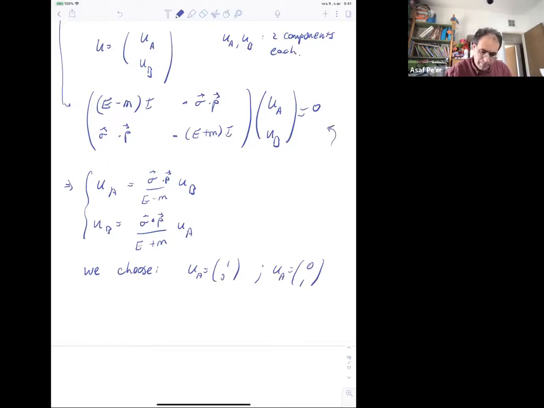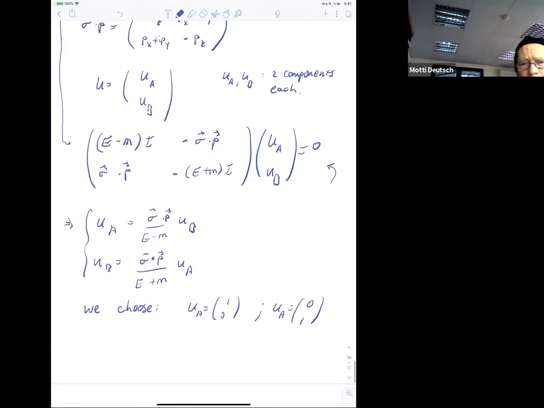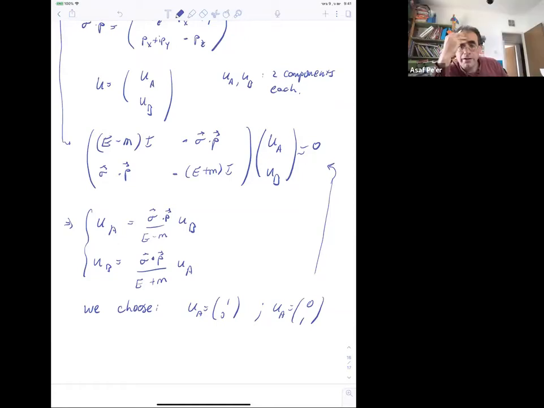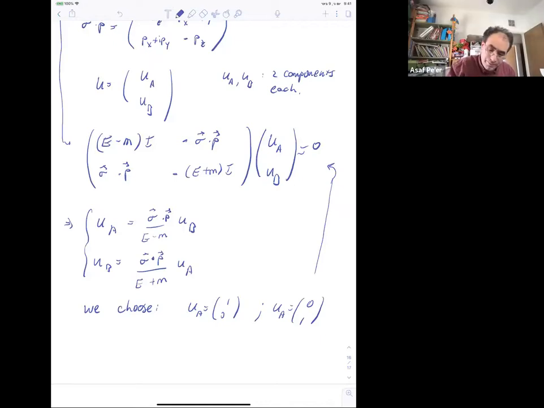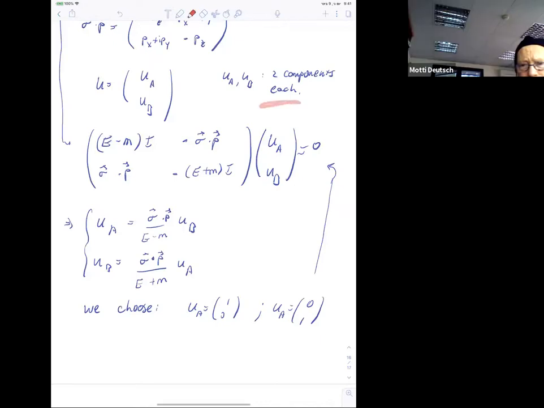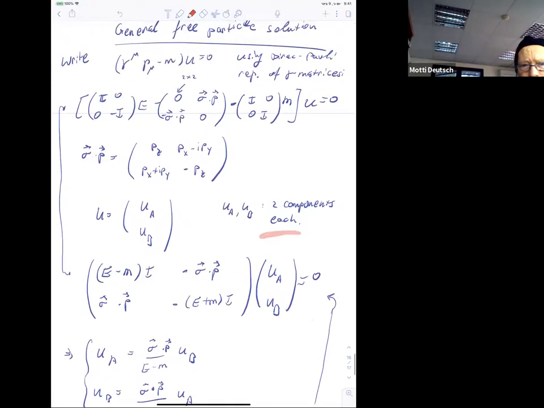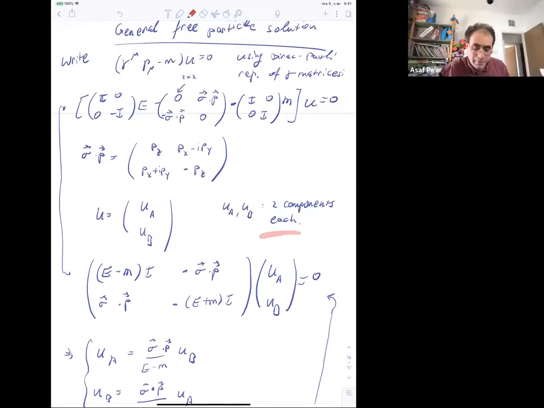You have 2 orthogonal solutions for UA, right? It's 2 component. Don't get confused by the short notation. This is a 4 by 4 matrix, just written in a 2 by 2 block form.